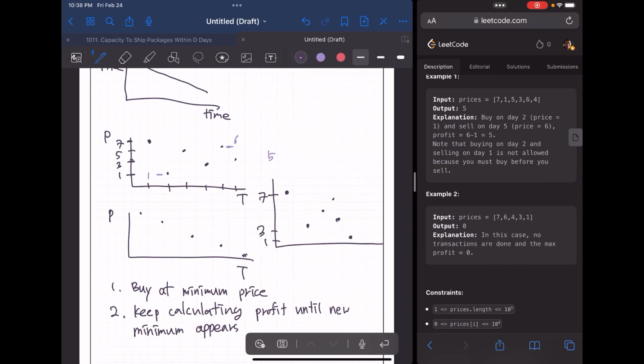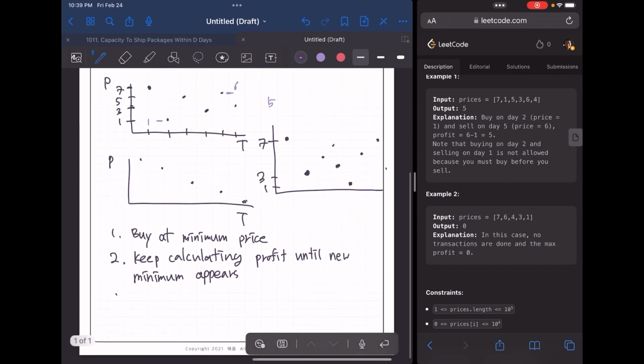So no matter what the price is after this point, the difference between the high point and the minimum point will always be larger than the gap between the high point and the previous minimum. So we're gonna update the minimum to 1, and then keep calculating until the end.